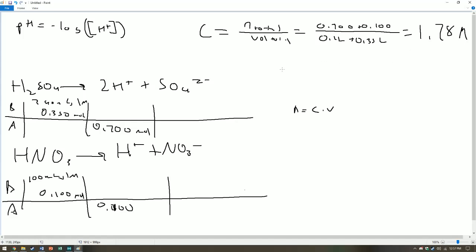So if I do negative log of 1.78 molar, which yields a pH of negative 0.249. And that's our final answer.